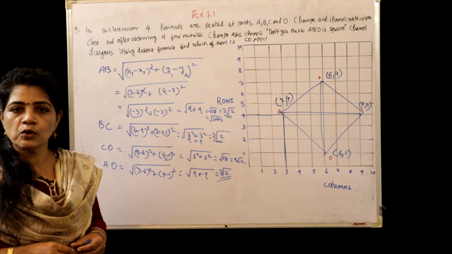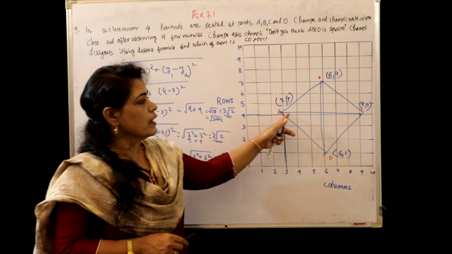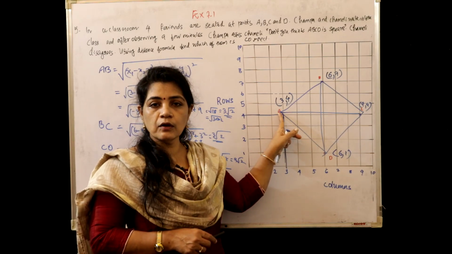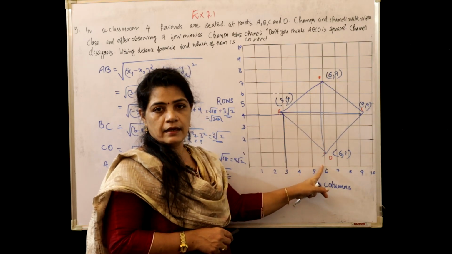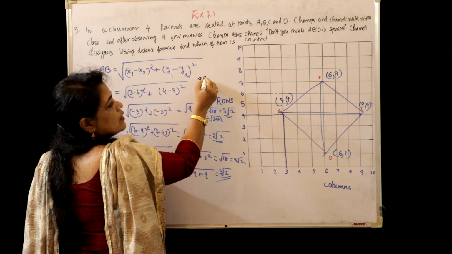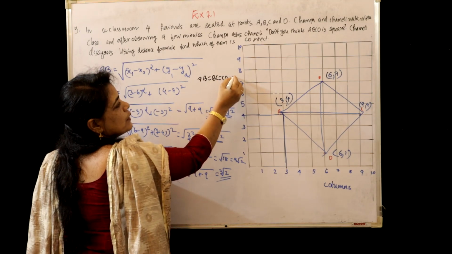For that, I already told, we have to show that the diagonals are also equal. That is what we have drawn over here in the figure. Diagonal means the line segment joining two opposite vertices, AC and BD. Here we have seen that AB equals BC equals CD equals AD.